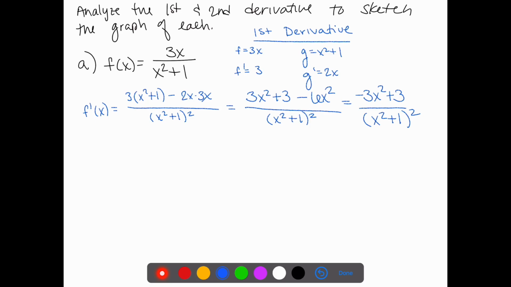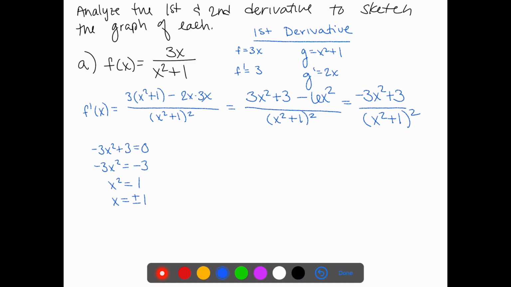I'm going to analyze that first derivative to determine where the function is increasing, decreasing, and whether it has any maxes or mins. So I have to find the critical points. I'm going to set this derivative equal to 0. And the only way a fraction can equal 0 is if the top equals 0.